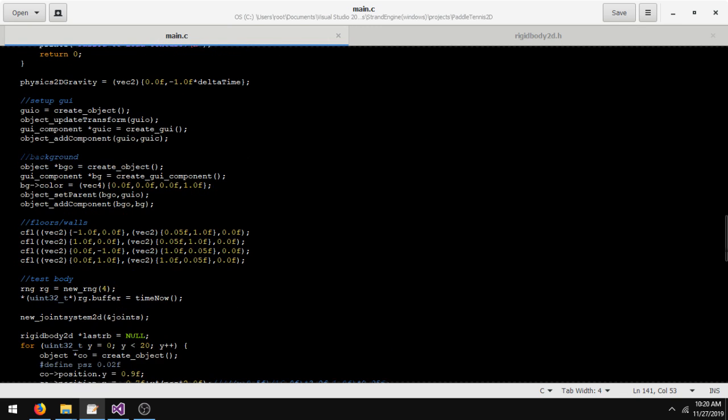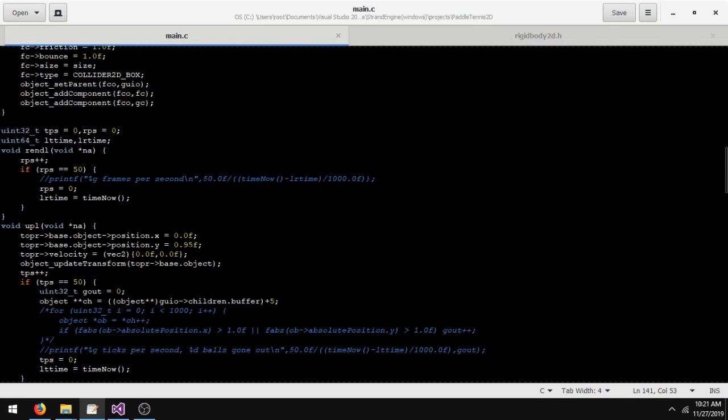Alright, I also figured out what I'm going to do. I'm not really going to change this. I'm just going to add an option where I can press left and right to move it left and right. Or actually, I'll maybe even just do the mouse.